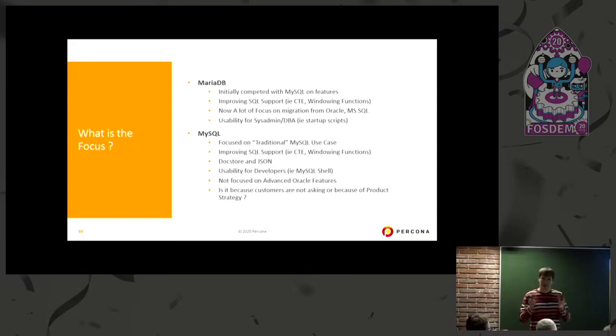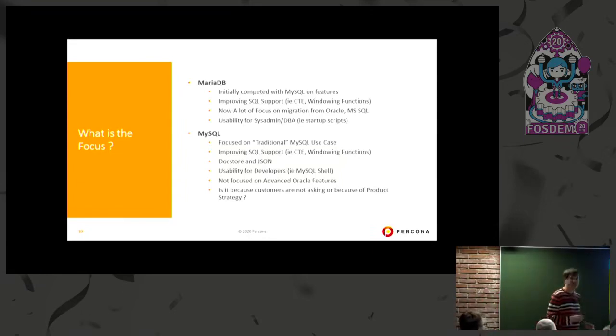Docstore and JSON have been a huge focus. And I think MySQL looked at usability a little bit differently, focused maybe on developers who don't know what they're doing. So MariaDB is usability for smart people. MySQL is usability for stupid people, if you think about it this way.